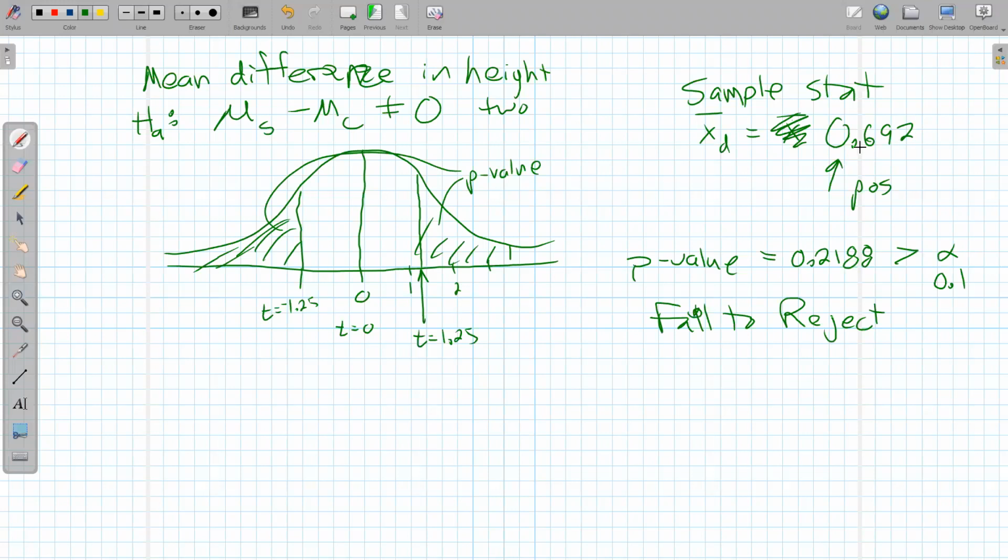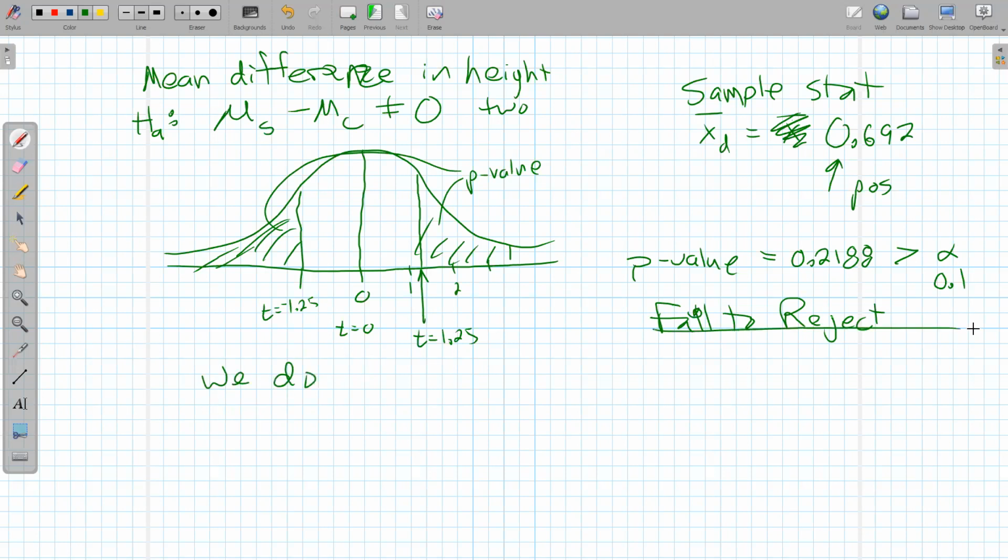What we're saying is a difference of positive 0.692, say, centimeters is actually kind of close to 0. But that to say, yeah, that, you know, people are pretty close to their height on average. So we don't have evidence that a person's self-reported height is significantly larger than their clinically recorded height.